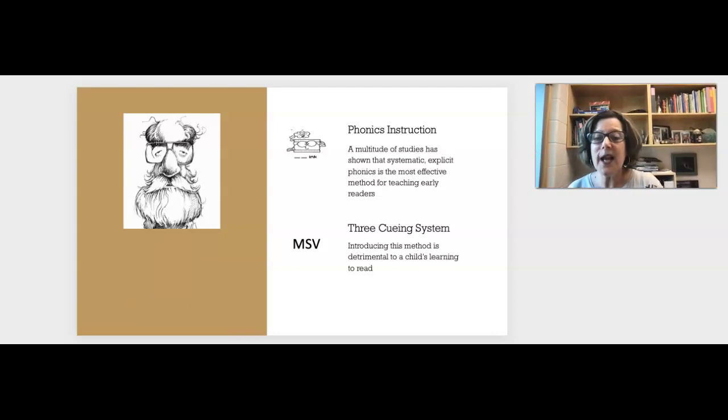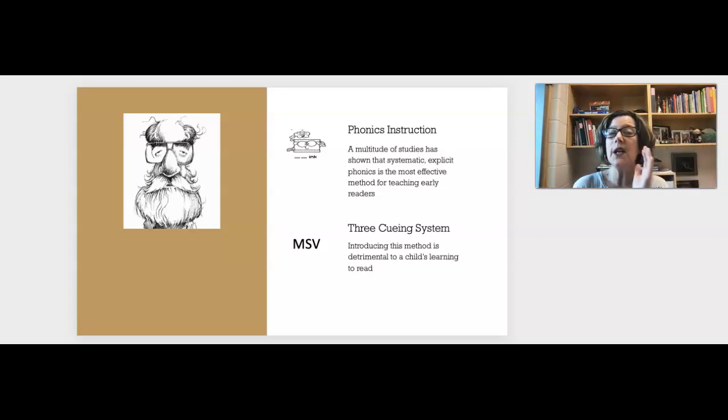Okay, so the science of reading is putting forth that a multitude of studies has shown that systematic, explicit, and I'm going to add in structured phonics is the most effective method for teaching early readers.